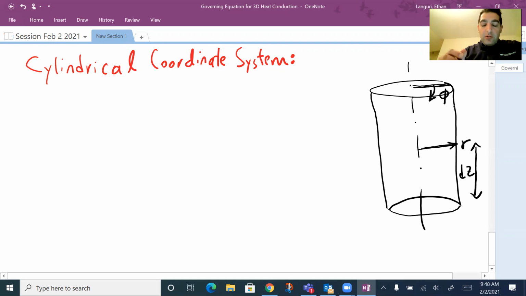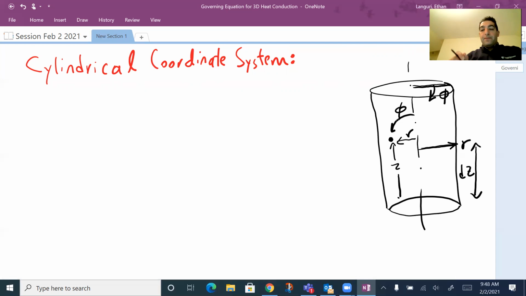If you want to spot any point in the cylindrical coordinate system, you should be able to show it with a certain r, certain z, and certain angle. So instead of x, y, z, we are showing it with r, z, phi.